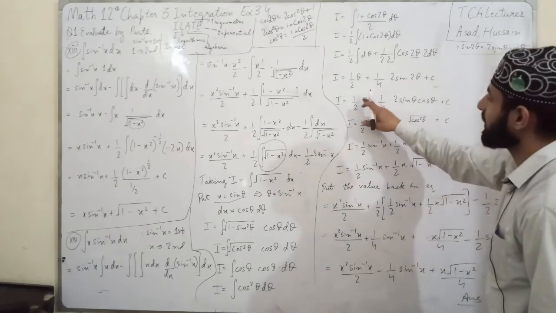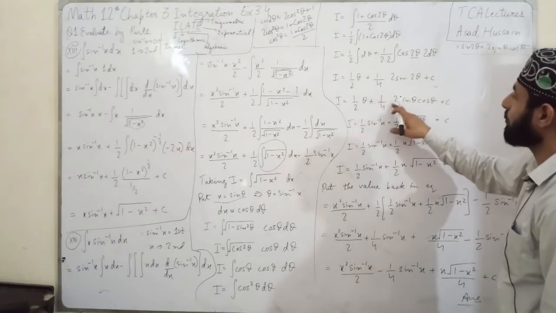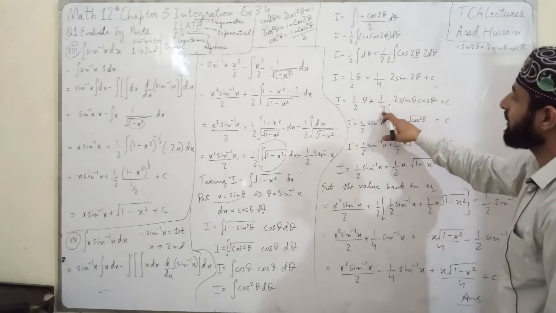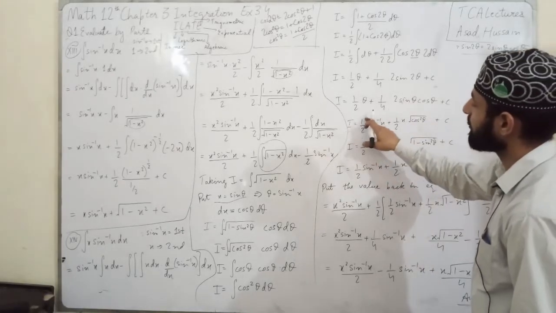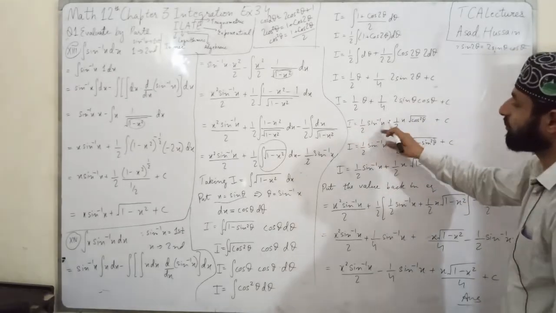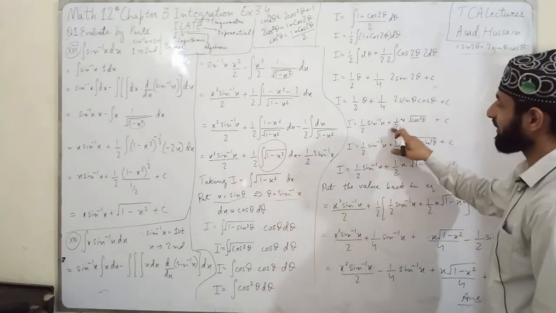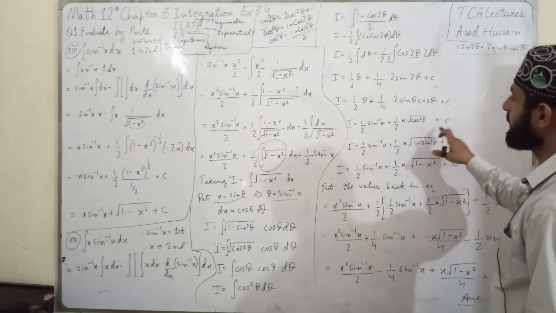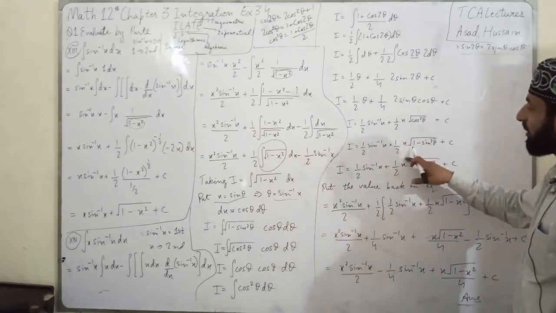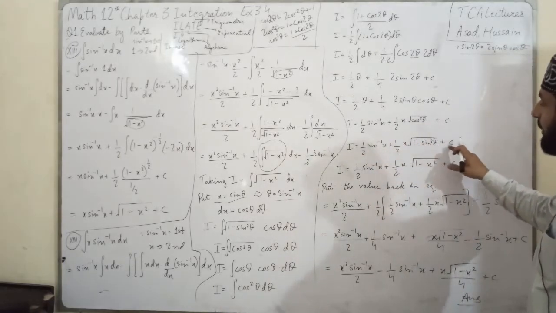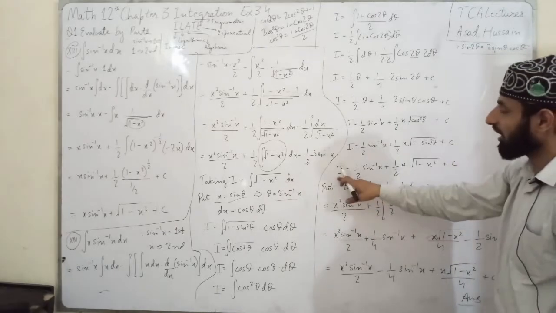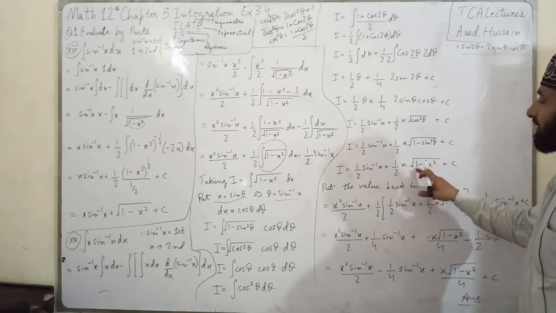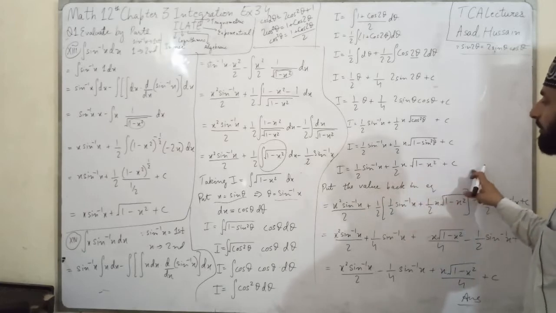Putting the value we get 1 over 2 theta plus 1 over 4 dot 2 sine theta cos theta plus c. 2 is cancelled by this 4, so it will be written as 1 over 2 sine inverse x plus 1 over 2 x under root cos square theta plus c, which is 1 over 2 sine inverse x plus 1 over 2 x under root 1 minus sine square theta plus c, which can be written as I is equal to 1 over 2 sine inverse x plus 1 over 2 x under root 1 minus x square plus c.